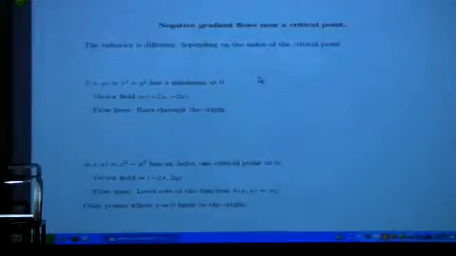I know critical points are fixed points for the gradient flow because critical points are precisely where the gradient vanishes. So what do the dynamics look like near a critical point? That depends, as you all know, on what type of critical point you have. If the critical point is a minimum, then that critical point is attracting for the flow. So look at the first example: x squared plus y squared, the graph of which is this paraboloid.